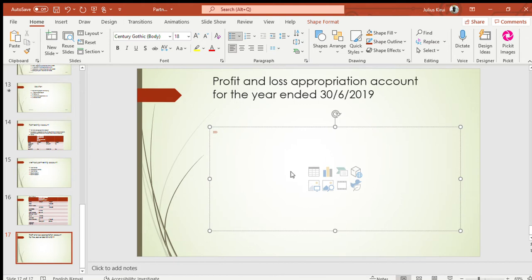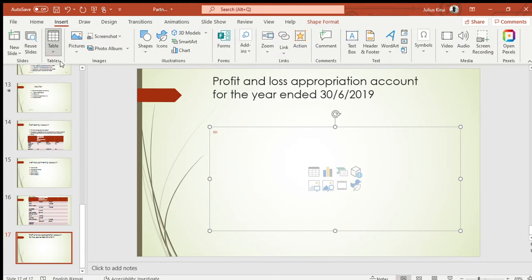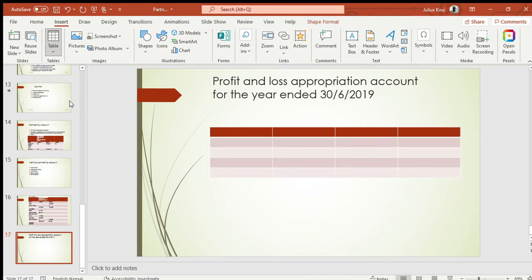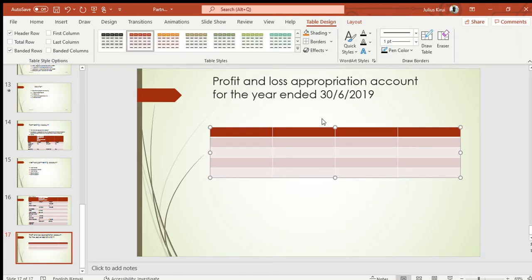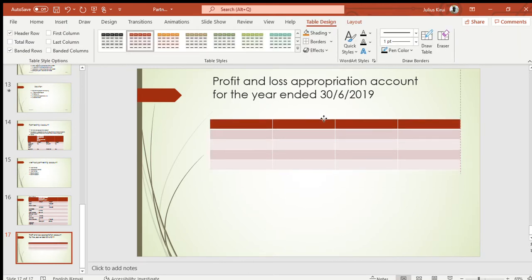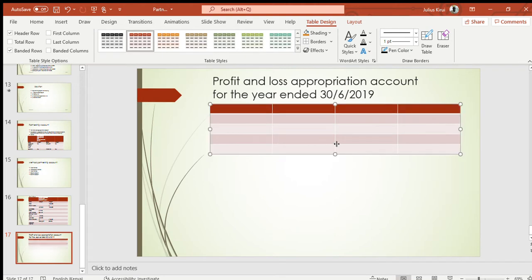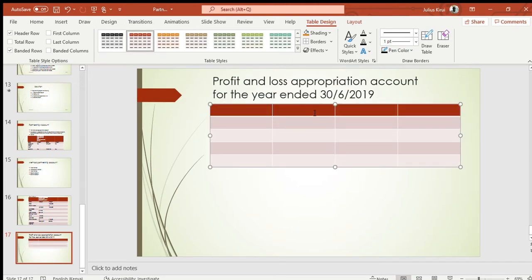Now let me prepare, bring in the simple format. Okay, so this is a set. So we have our details.